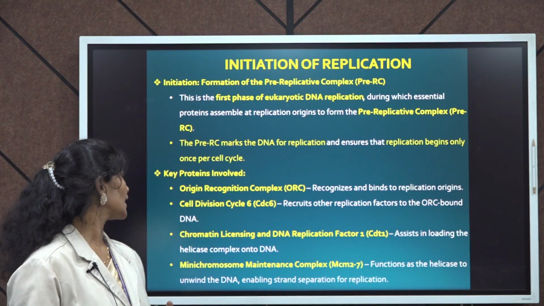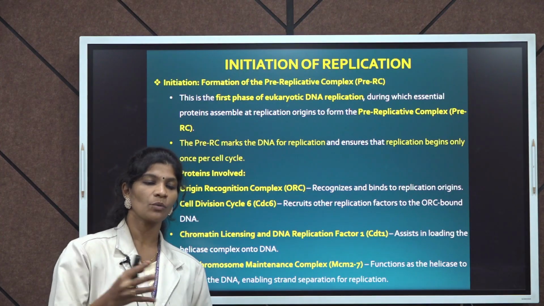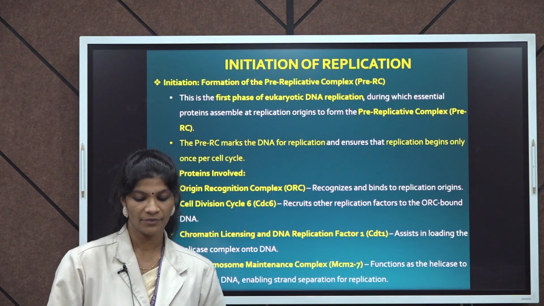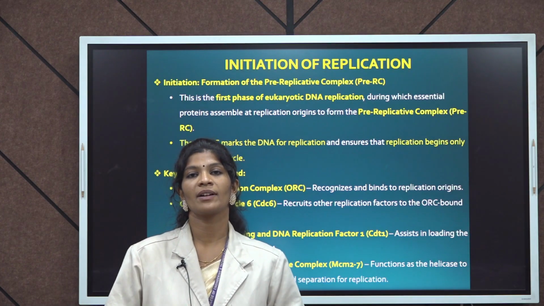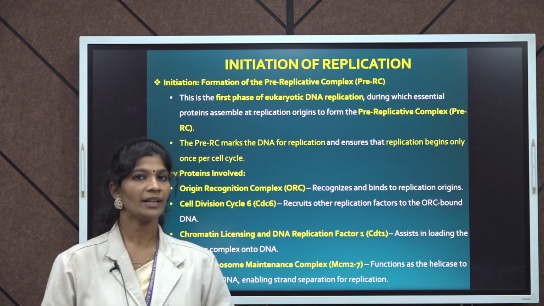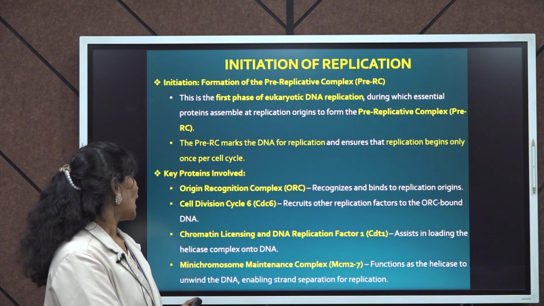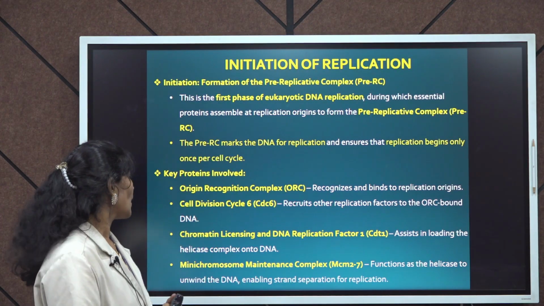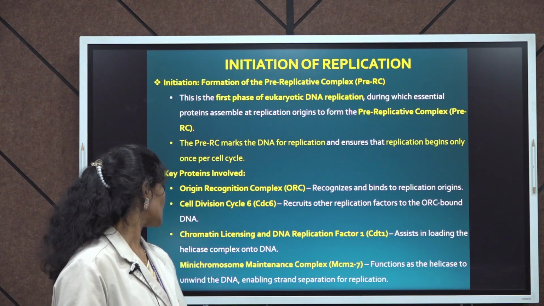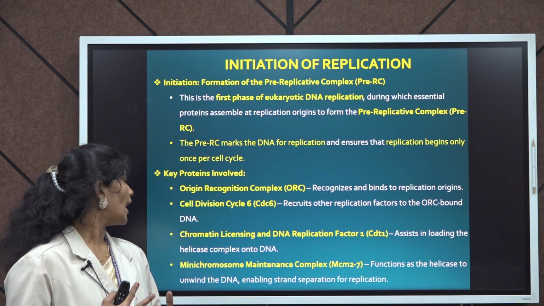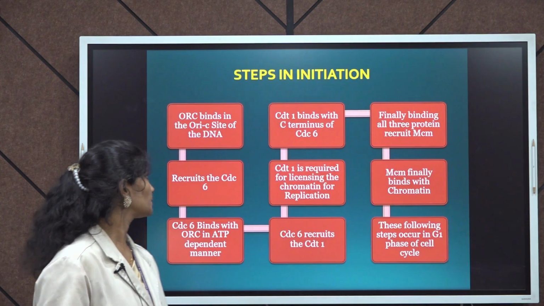It assists in loading the helicase complex onto the DNA. As we discussed earlier, the helicase enzyme helps in the unwinding of double stranded DNA into single stranded DNA, right? And there is another complex called the mini chromosome maintenance complex, which functions as the helicase to unwind the DNA, and it enables strand separation for the replication process.